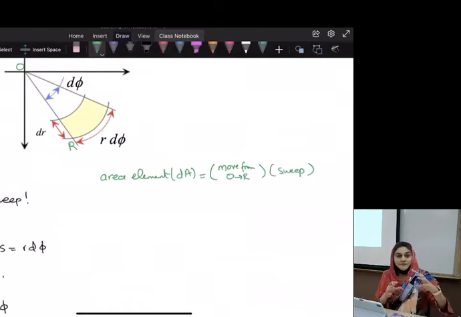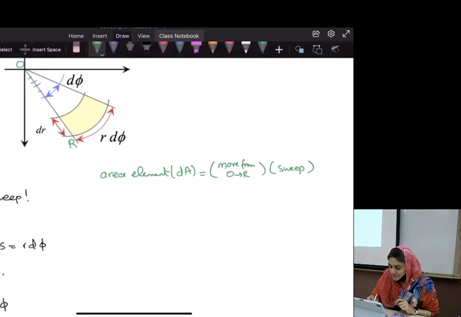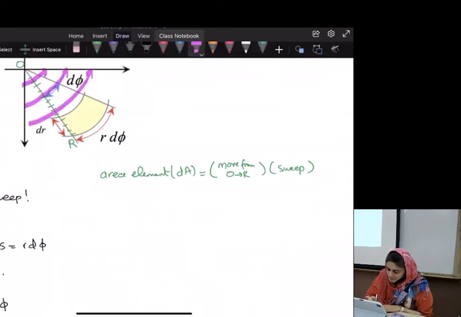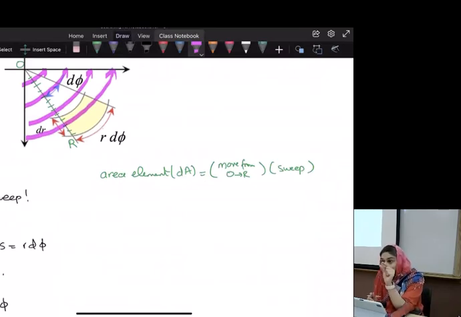So when we go from 0 to R, we can divide R into small segments. And each of these segments, I'm going to use a pink, is going to do the sweep. So we are going to pick a small delta A to choose from here.